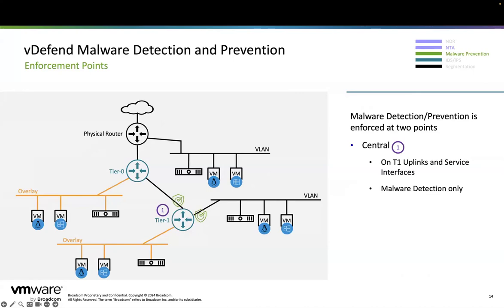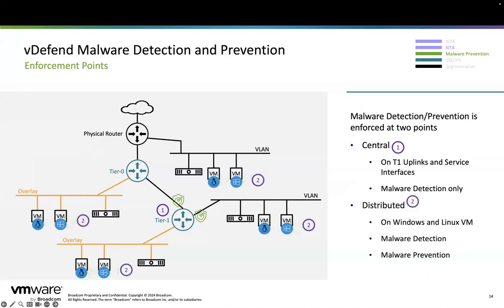So we can enforce it in a more central manner on the T1 uplinks and service interfaces, which gives us malware detection only. And then we've got distributed. So for Windows and Linux VMs, we have both malware detection and malware prevention.